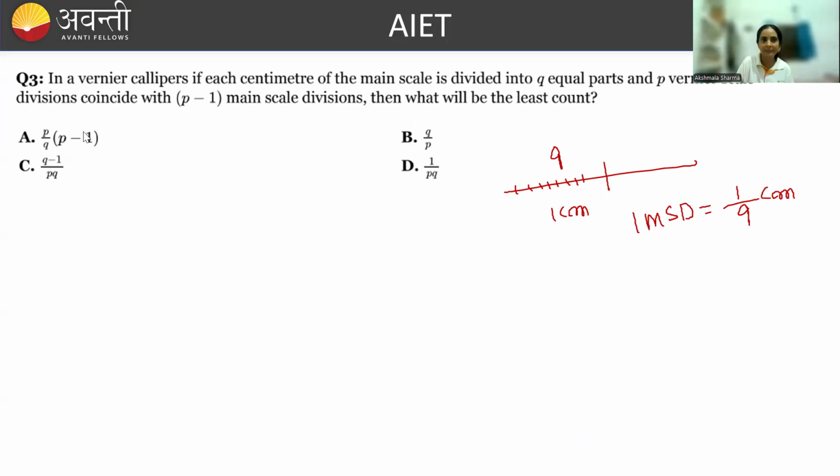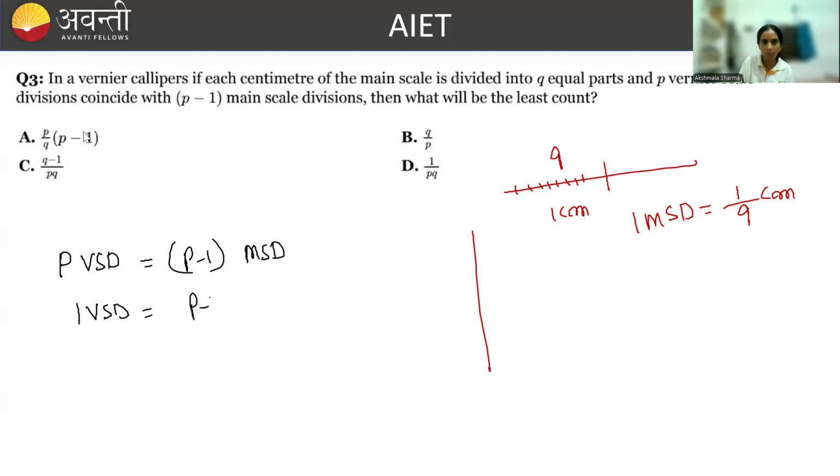Now, P vernier scale divisions coincide with P minus 1 main scale divisions. If we go on to solve this, then P VSD equals P minus 1 MSD, so 1 VSD is equal to P minus 1 by P. Why do we require this?